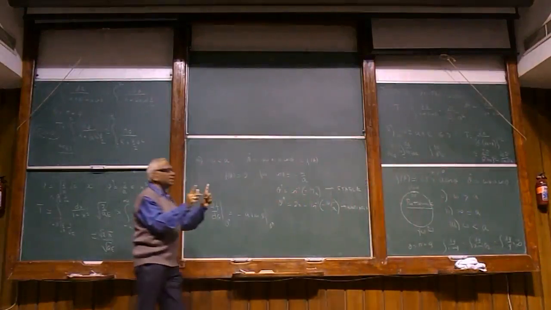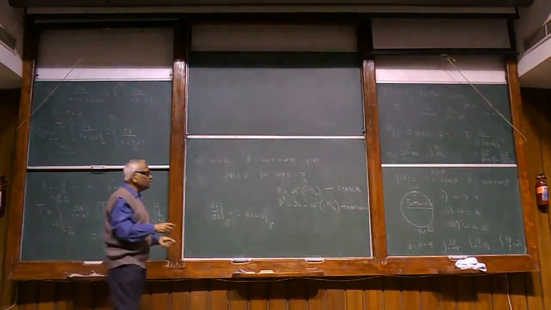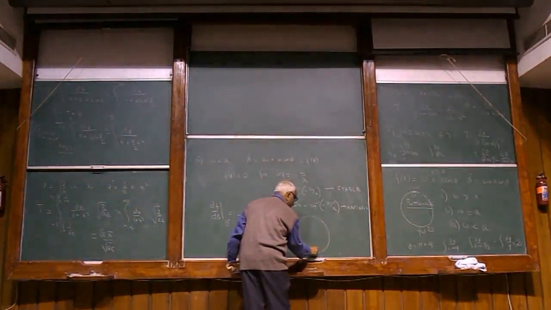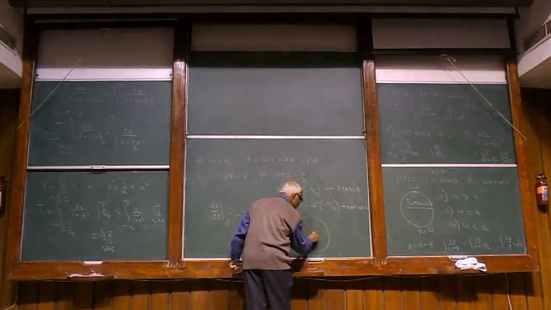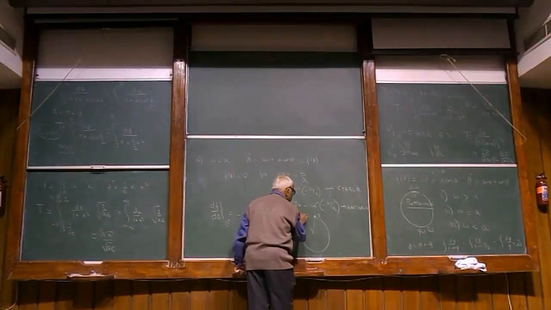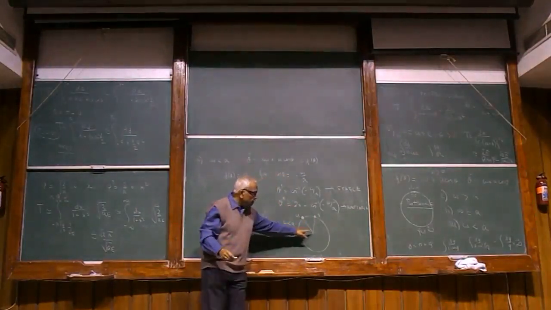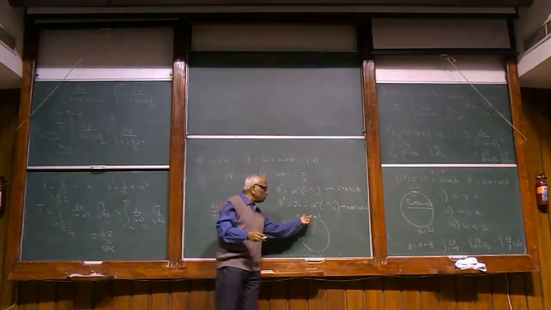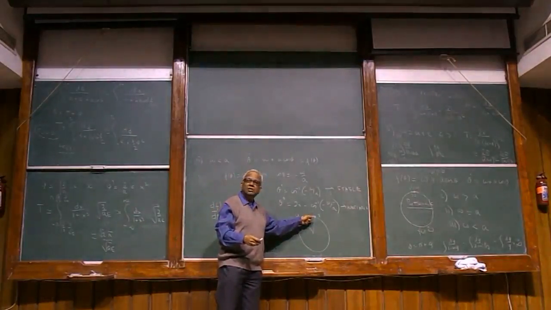So stable and unstable for omega less than A. Now take your omega coming close to A, and these two fixed points are going to go and merge at this point over here, right?